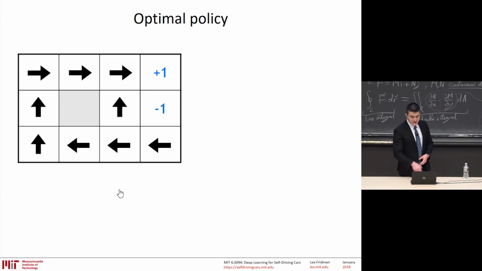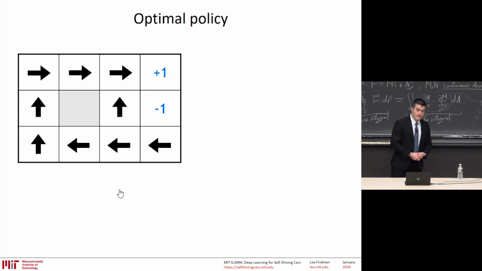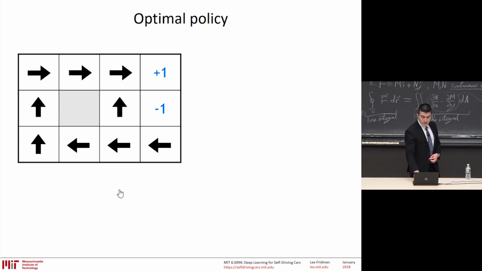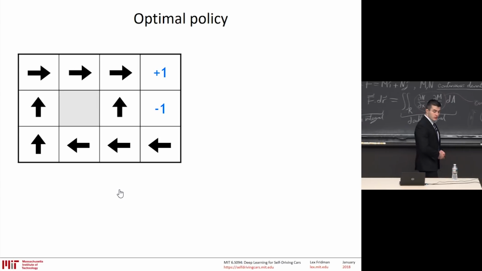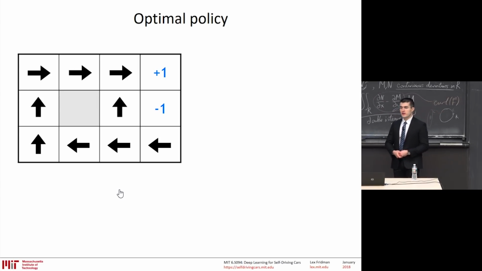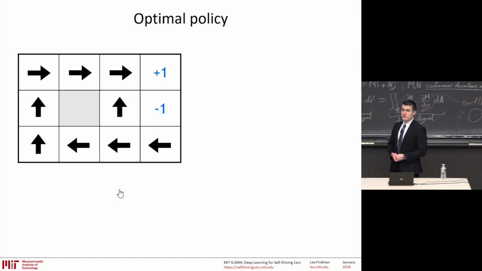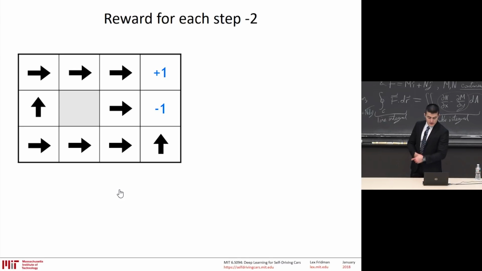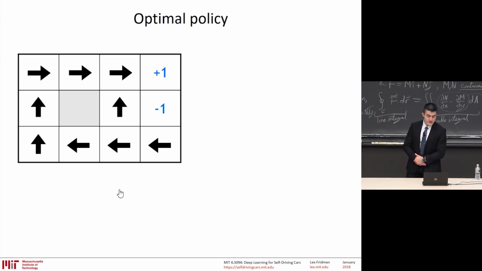When the state space is non-deterministic, as presented before, with a probability of 0.8, when you choose to go up, you go up, but with probability 0.1, you go left, and 0.1, you go right. Unfair. Again, much like life. That would be the optimal policy.